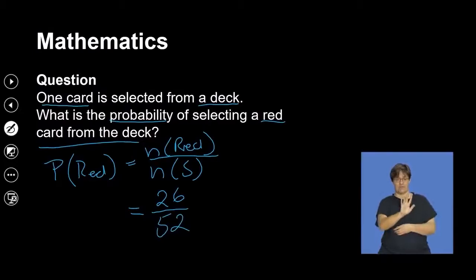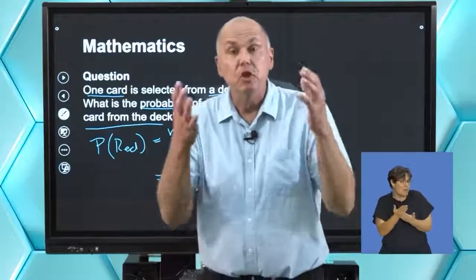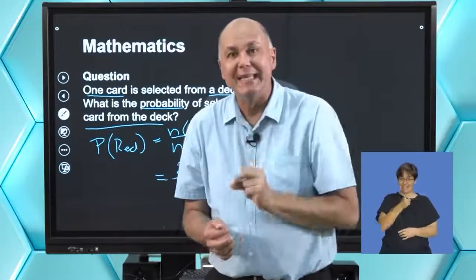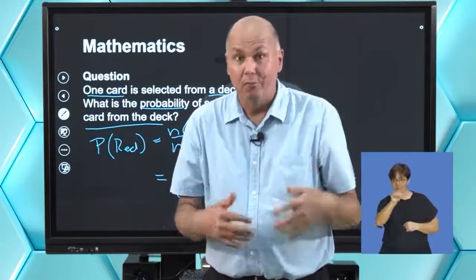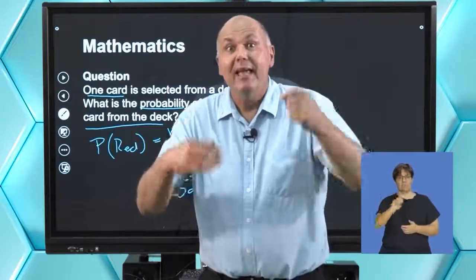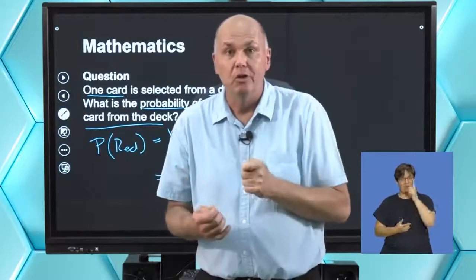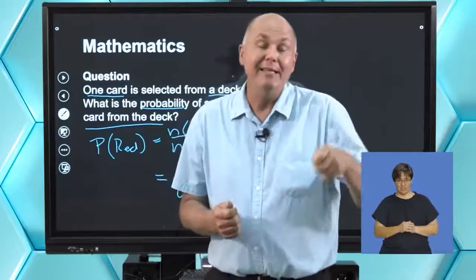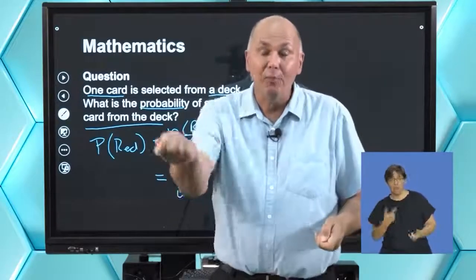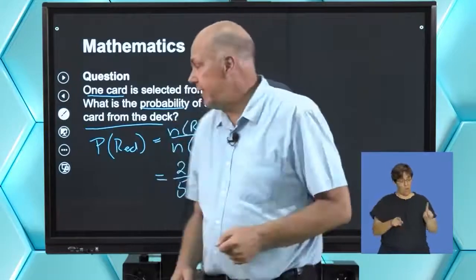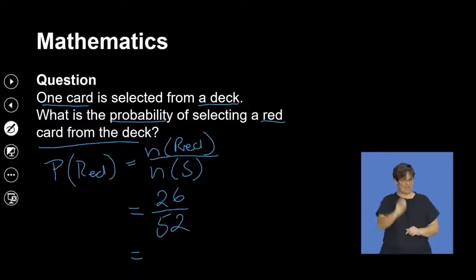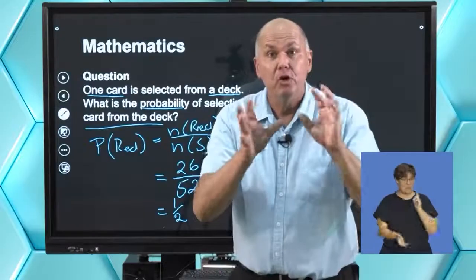And so the probability of choosing a red card from a deck is 26 out of 52, which is 50%. It's 1 in 2. You've got a chance of either choosing a red card or a black card. The ratio would be 1 to 2, a 50% probability, or we can write it as 1 over 2. That was easy, and I'm sure you're with it.